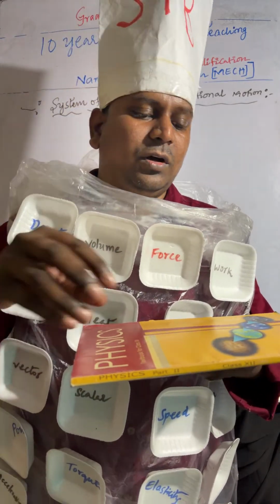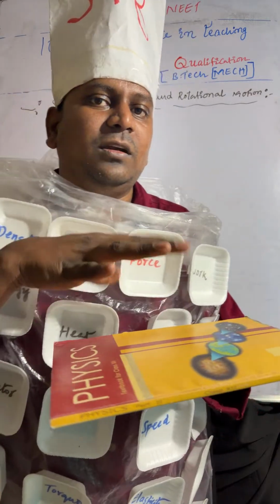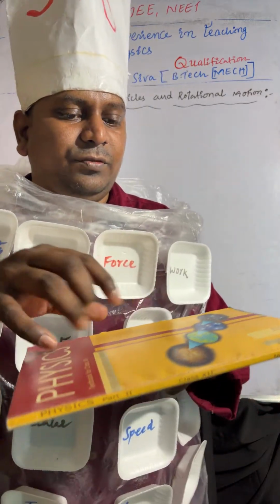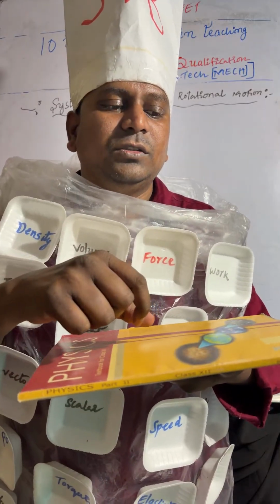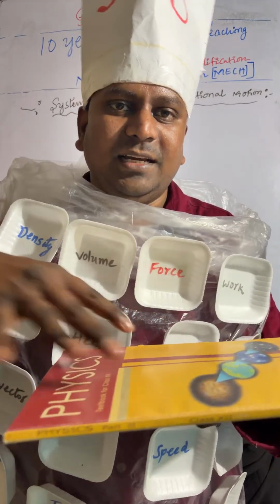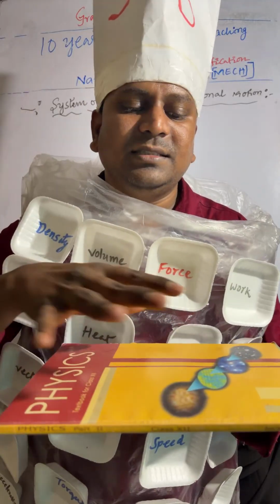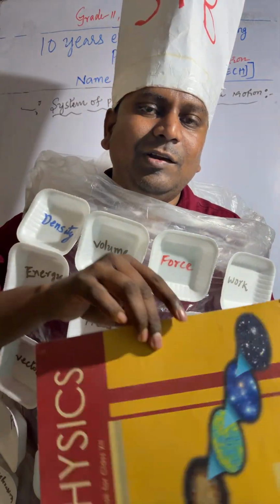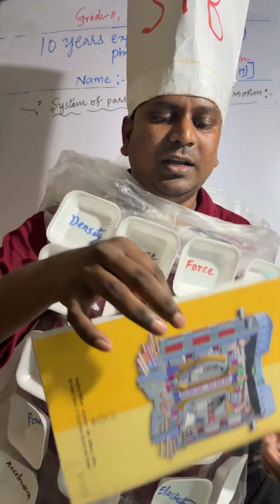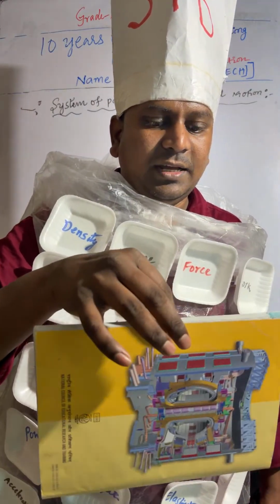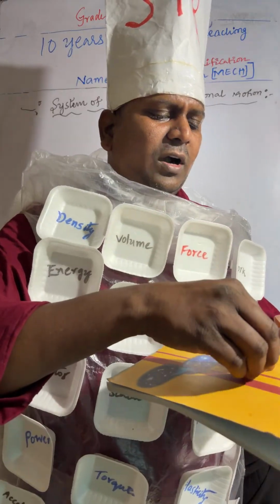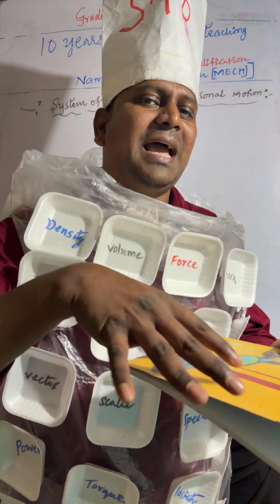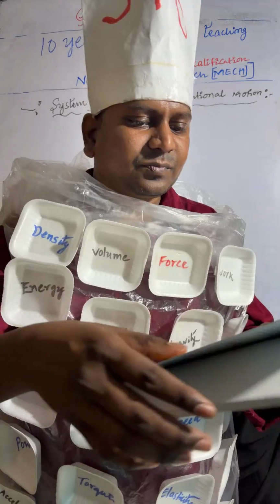If you hold it at a particular point, we can balance the entire mass. So generally we will hold it like this, right? Understood or not? If you hold here, we can balance the book easily.